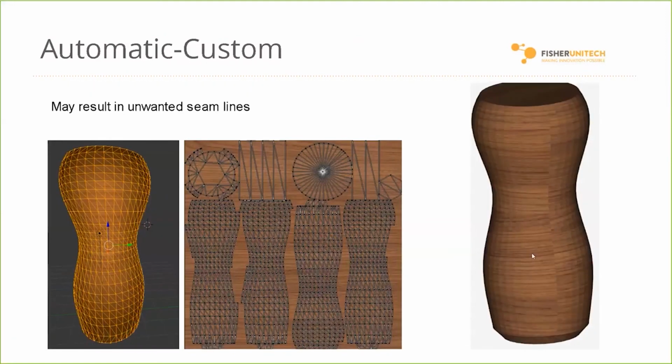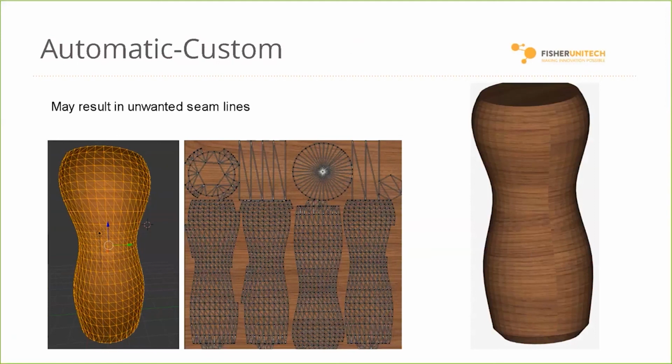And then automatic custom. A lot of these softwares have a tool where it will try to intelligently unwrap your object for you. And it's a great solution sometimes. It really depends on the geometry and it depends on what you need.